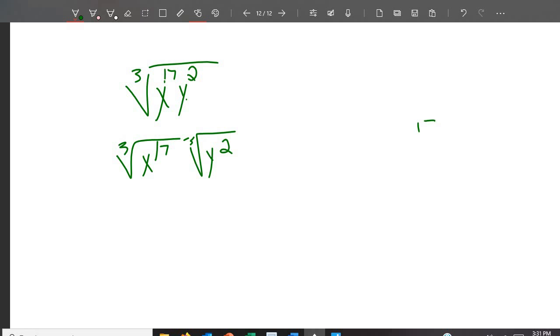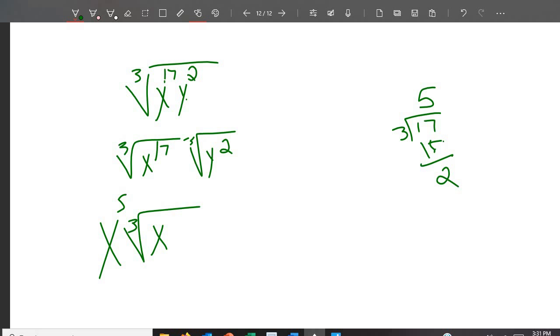So let's start with the x's. 3 goes into 17 5 times. So we'll have 5 x's on the outside. Finish it out. We'll have x squared left underneath. Now, can I divide 3 into 2 any whole number of times?